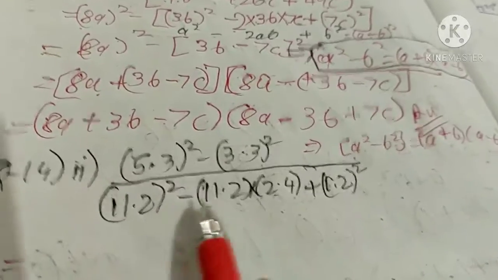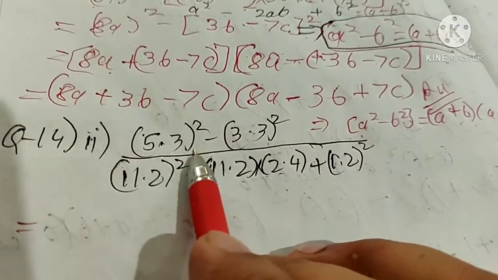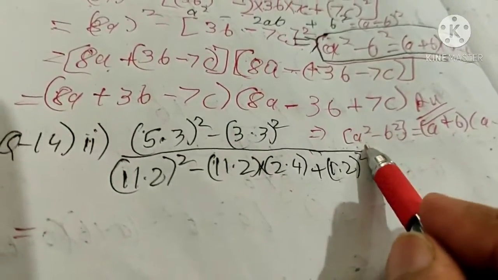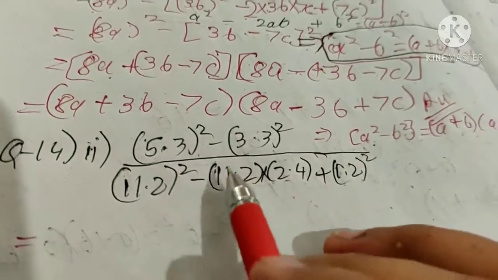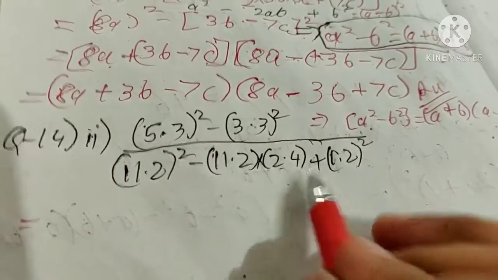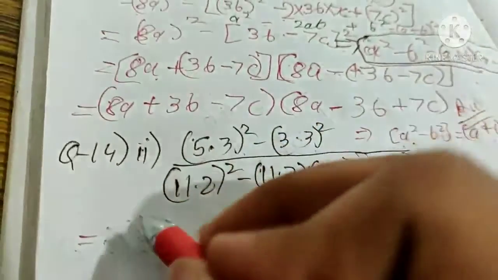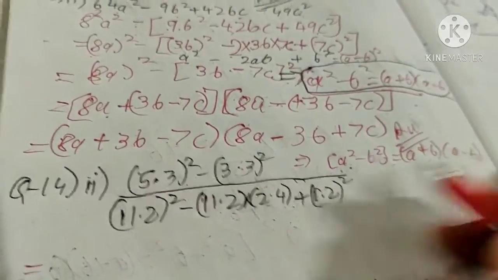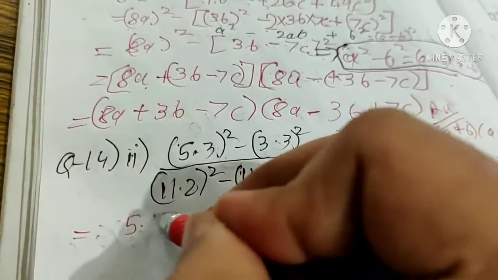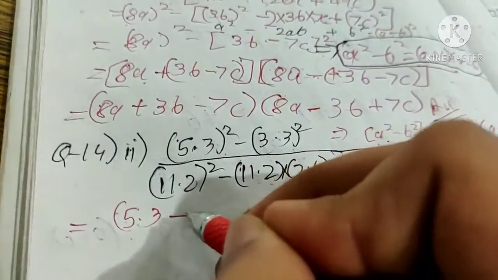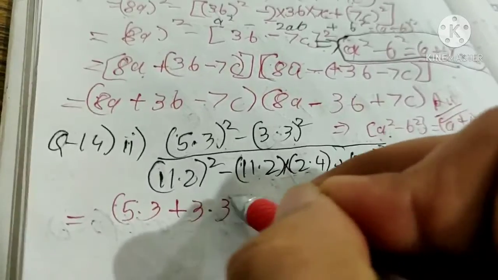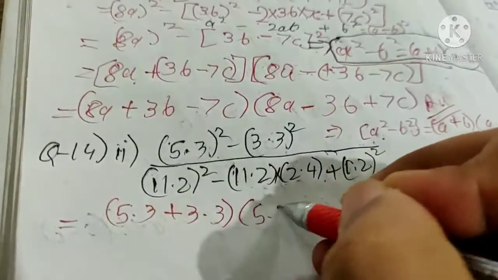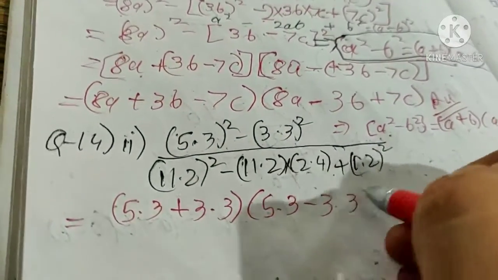And in the denominator, if we see a square, b square, and it is written 11.2 into 2.4. Let us expand here. So in the numerator we can write it as a plus b and a minus b. So here a is 5.3 plus 3.3, 5.3 minus 3.3.